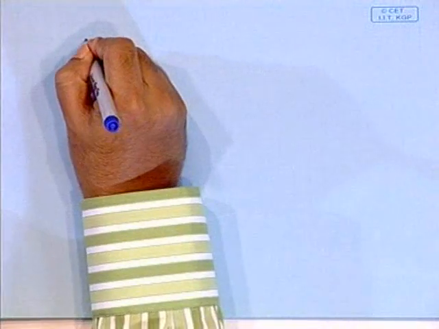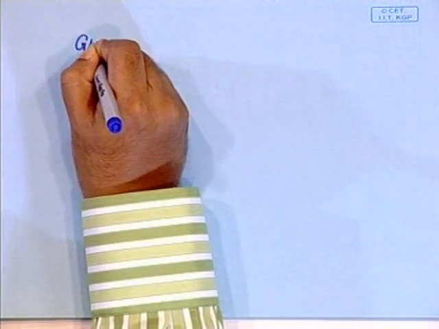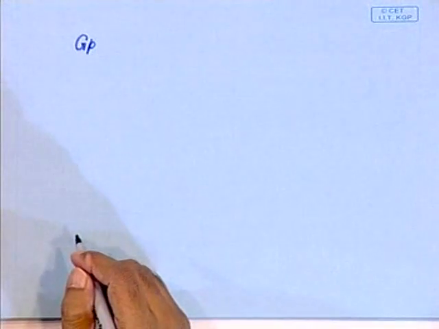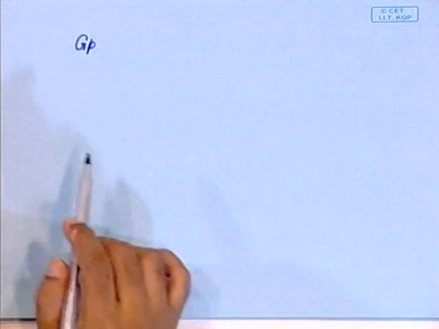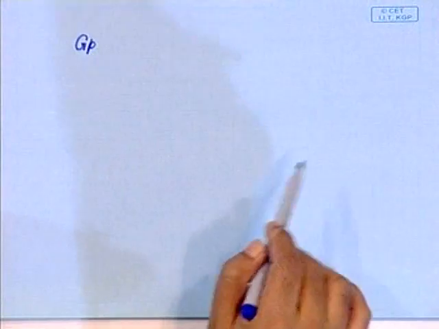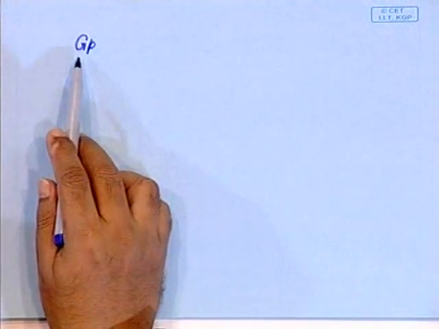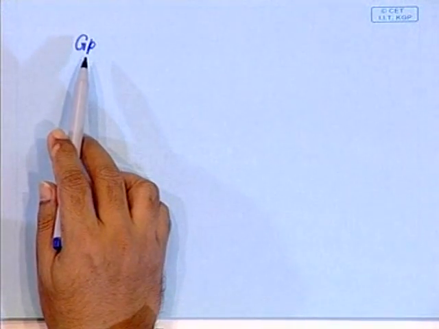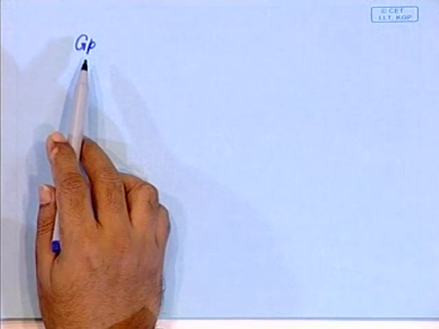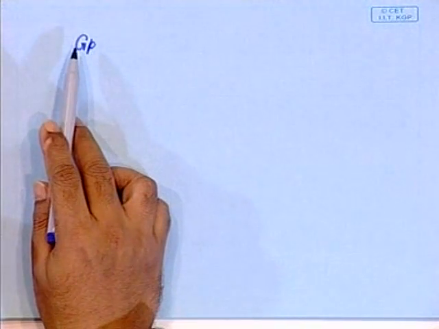So if I want a witness for G p, then I will need a trace with a loop, otherwise I can never say that I have found a witness for this.